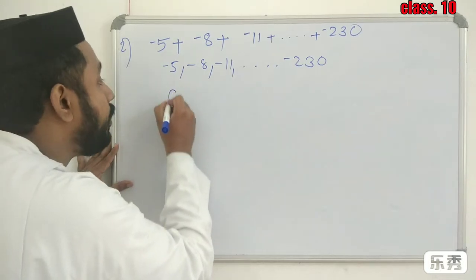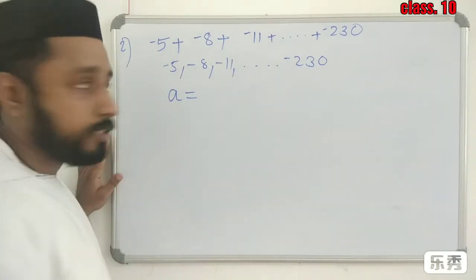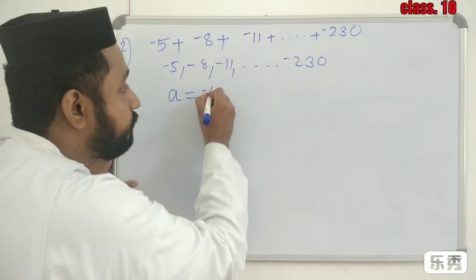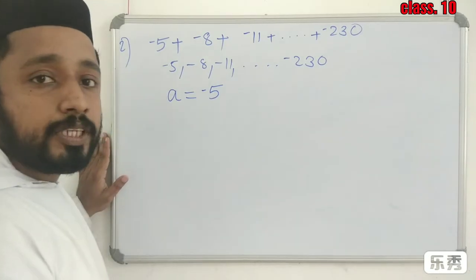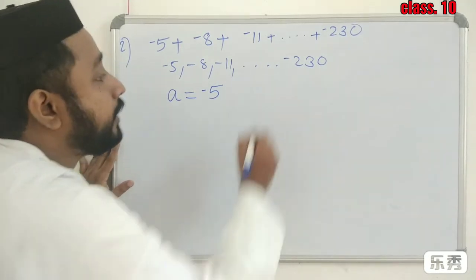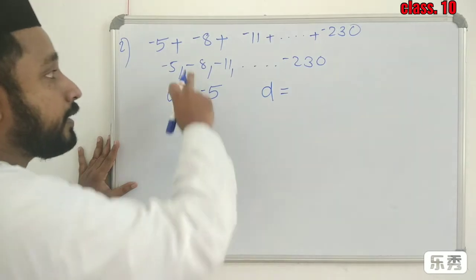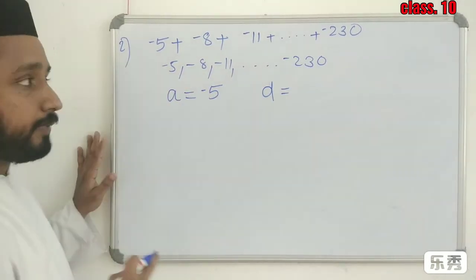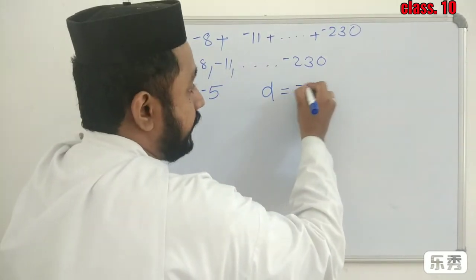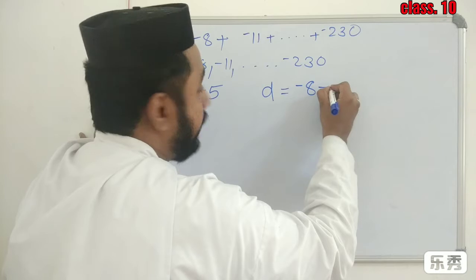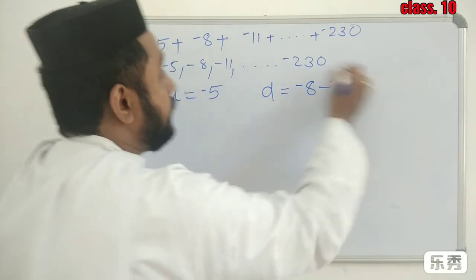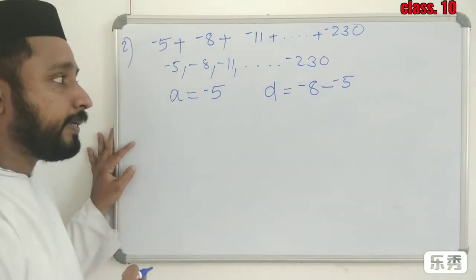First term a is equal to minus 5. Then common difference d is equal to second term minus first term, which means minus 8 minus of minus 5.